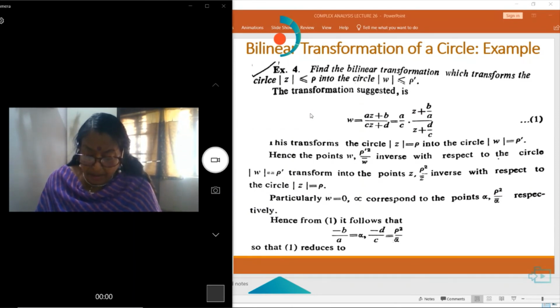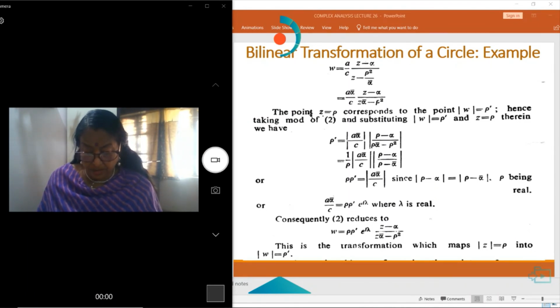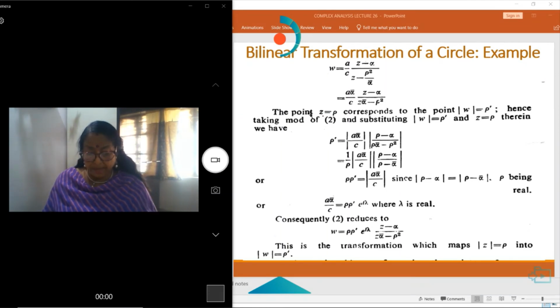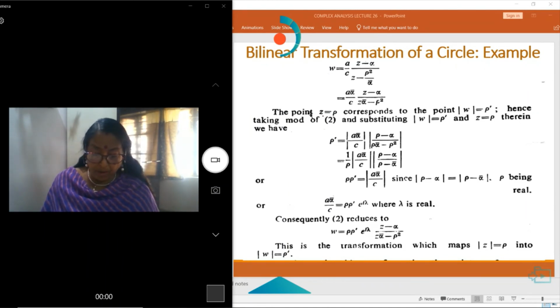Hence, minus b by a is equal to alpha and minus d by c is equal to rho squared by alpha bar. Then putting these values we get as you can see on your screen. When |w| is rho dash, we prove that |z| equal to rho corresponds to |w| equal to rho dash.